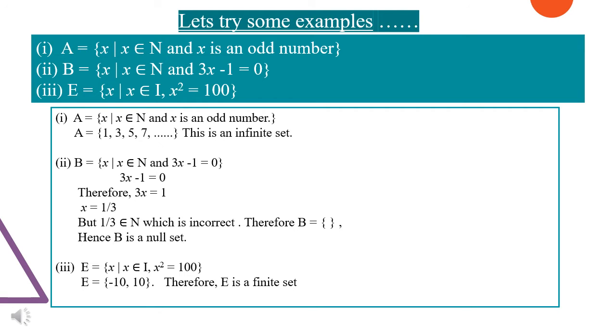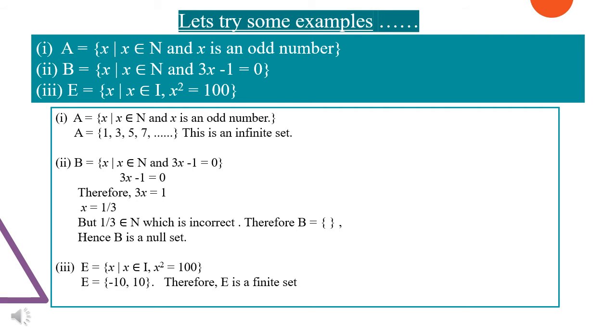Next one, B is equal to x such that x belongs to N and 3x minus 1 is equal to 0. Now here they have given us an equation which we need to solve to get the value of x. Now how do we solve it? First they have given us 3x minus 1 equal to 0. I shift 1 on the other side. I'll get 3x is equal to 1. Then further I shift 3 on the other side.